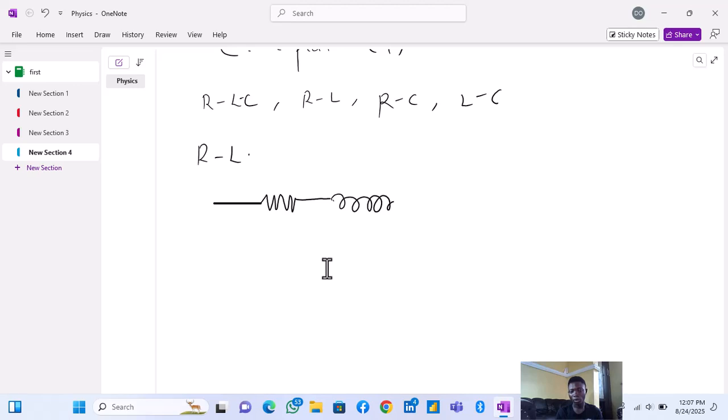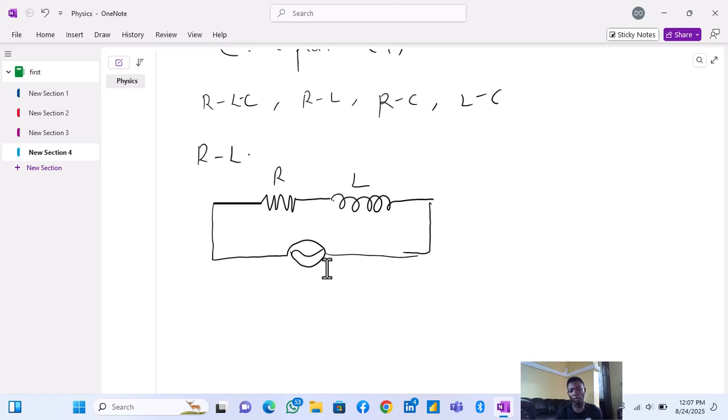The resistor looks like a shaft, while the inductor looks like a coil. So this is a resistor, while this is the inductor. We have the two of them connected to an AC source, obviously.